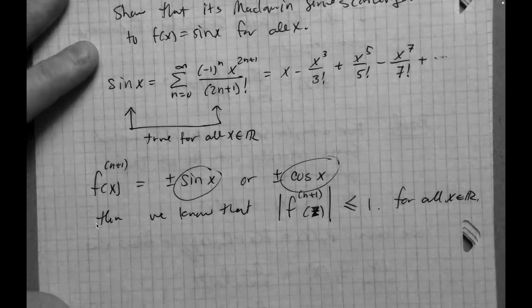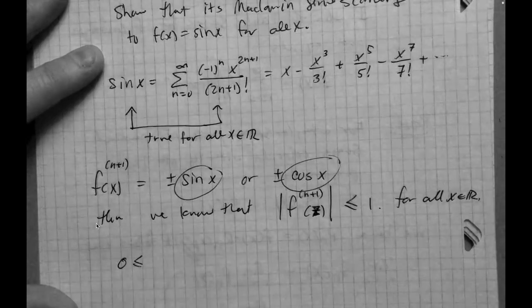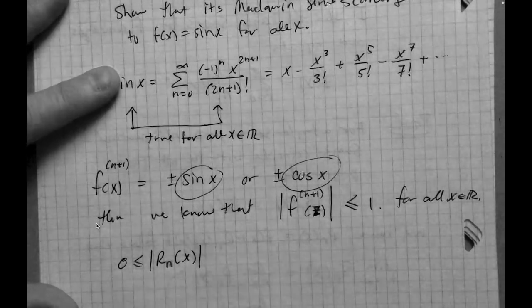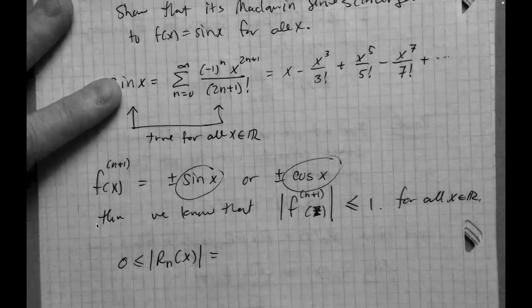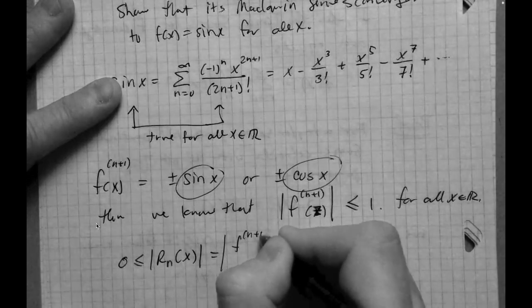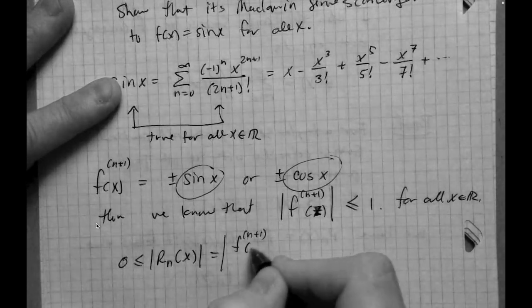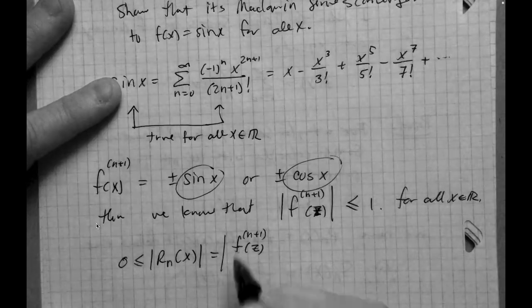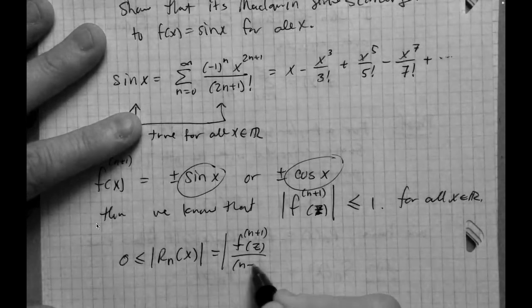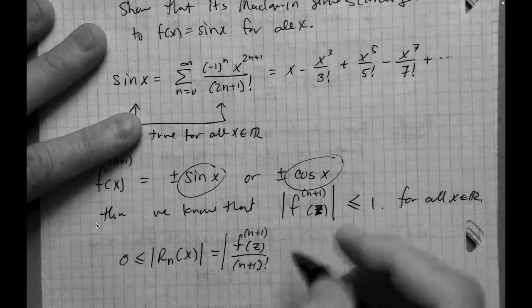Okay, so that means 0 is less than or equal to R of n of x, which is equal to, let's write it out here, n plus 1 derivative evaluated at z, again just pulling that remainder out from the previous discussion, divided by n plus 1 factorial times x.